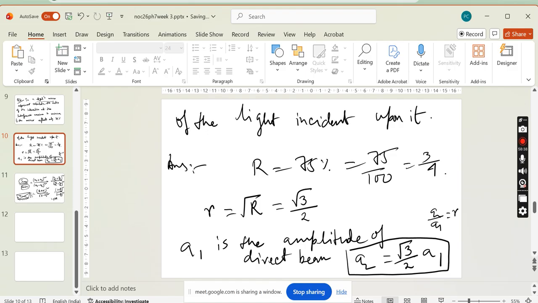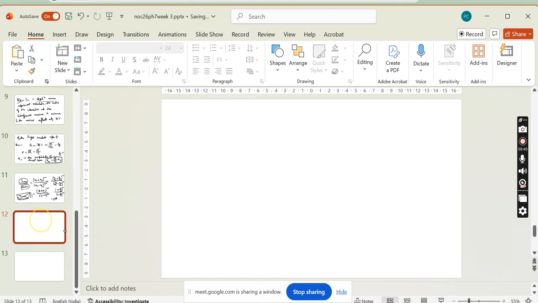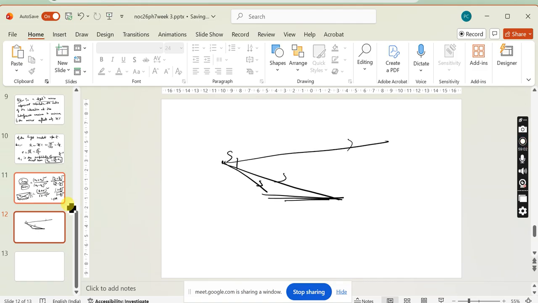So let me draw Lloyd's single mirror experiment properly. Basically this is Lloyd's mirror. This is the source. Light comes from the source like this, and the reflected light goes like this.